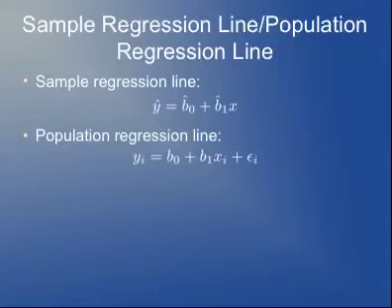There'll be a certain amount of sampling error in that estimate, and we can quantify that and try to draw inferences about the true population mean. With regression, you can do the same thing. If we estimate sample regression coefficients b0 hat and b1 hat, they'll be estimated with a certain amount of error, but we can figure out how these sample regression coefficients are distributed to make inferences about the population coefficients.